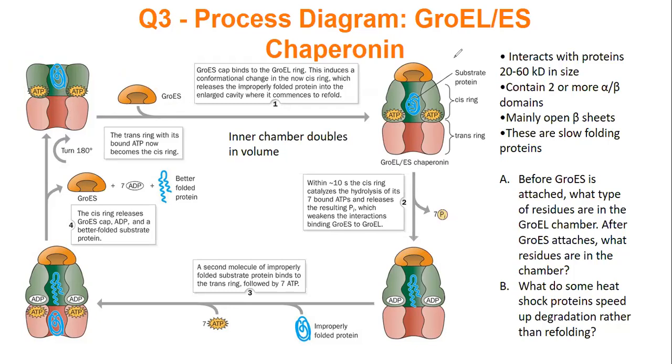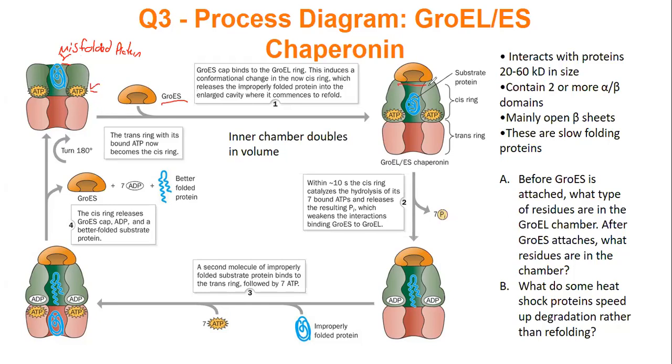All right, so we're going to start in the top left, and we're going to walk through how this works. If we start in the top left, we have ATP bound to our GroEL, and we have a misfolded protein that will bind. Once we have a misfolded protein bound, our GroES will come and form a little cap, right? This cap helps to prevent our misfolded protein from leaving.